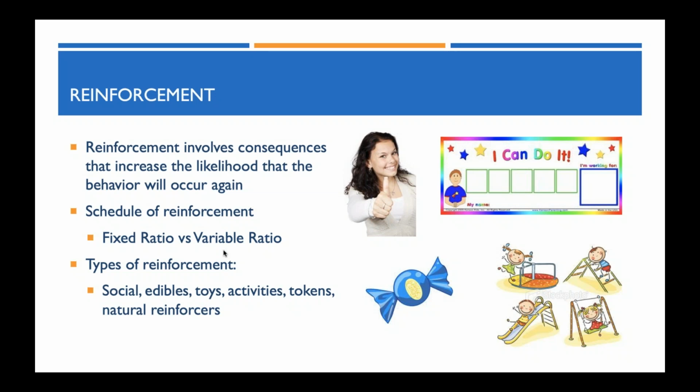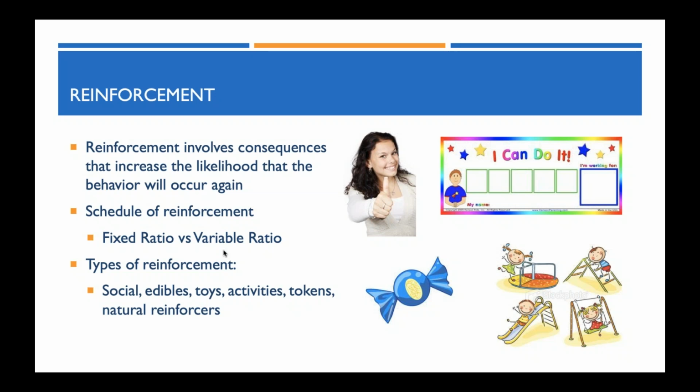The schedule of reinforcement that you will decide to use, again, in the beginning, if they don't have any of the skills, you want to use a thicker schedule, which could be a fixed ratio. So for example, a fixed ratio of reinforcement is you deliver reinforcement after every response if it's a fixed ratio of 1.